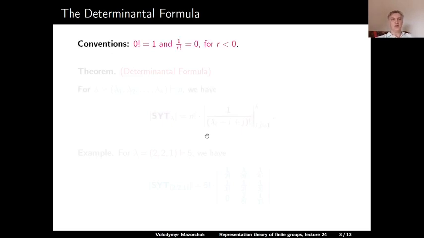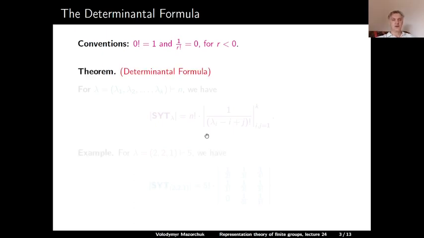So we recall the usual convention that 0 factorial is equal to 1, and we will use the convention that 1 divided by r factorial is equal to 0, provided that r is a negative integer.